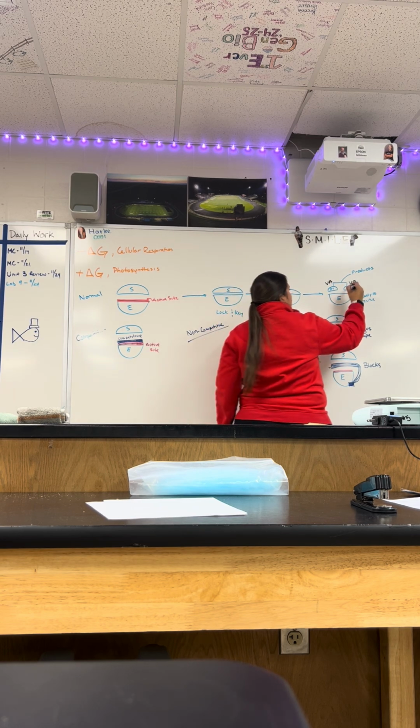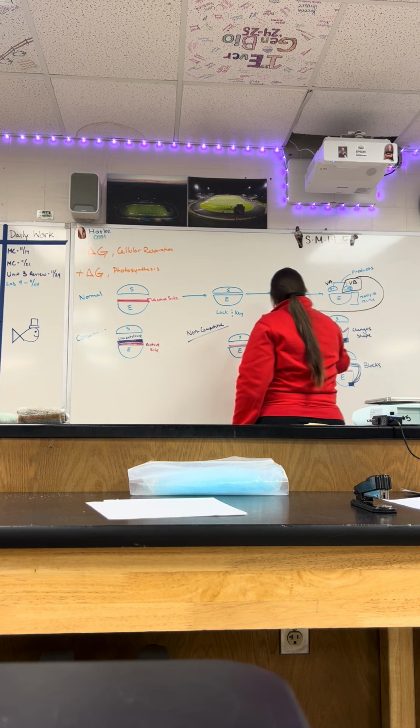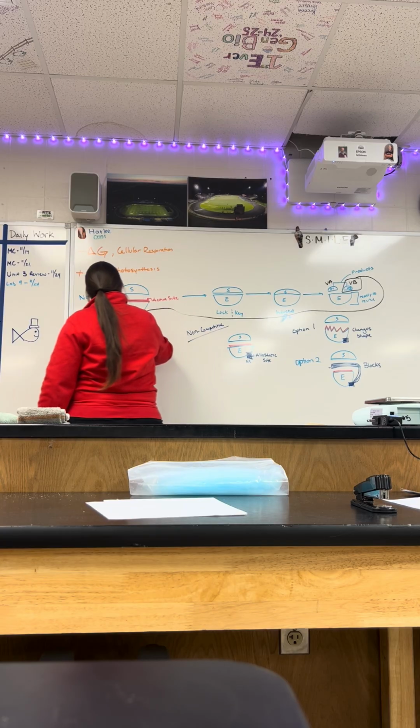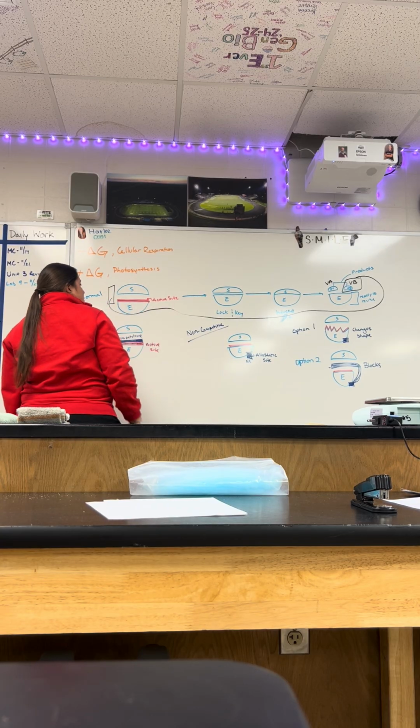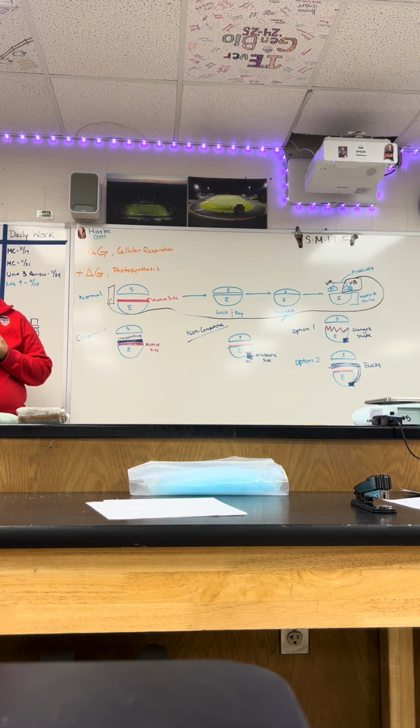But now all of a sudden I have too much vitamin B. Vitamin B is actually going to go back to the beginning and it's going to block it. So it creates its own block. That is your feedback inhibition. It's inhibiting vitamin B from making any more because you have enough. When you need more, that block is removed and the loop continues.